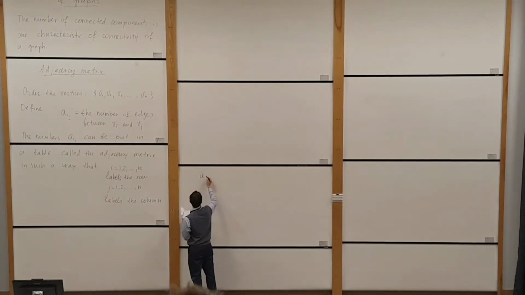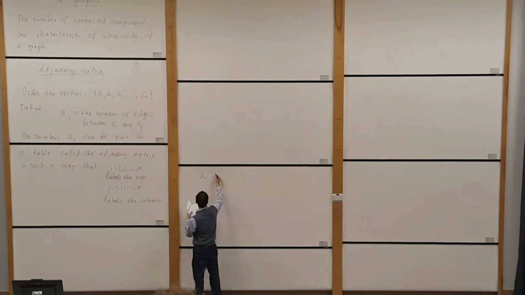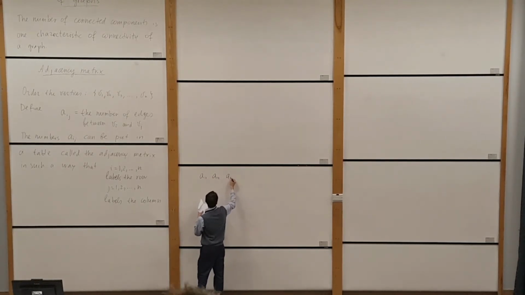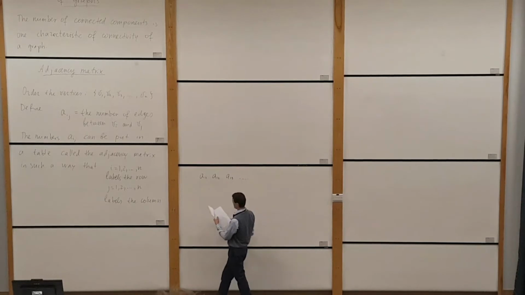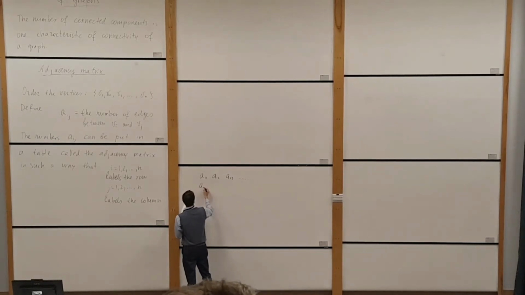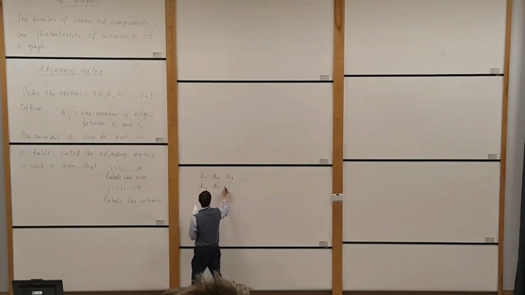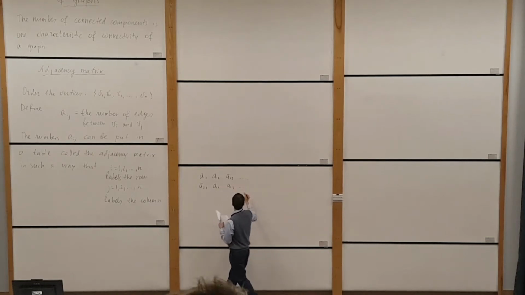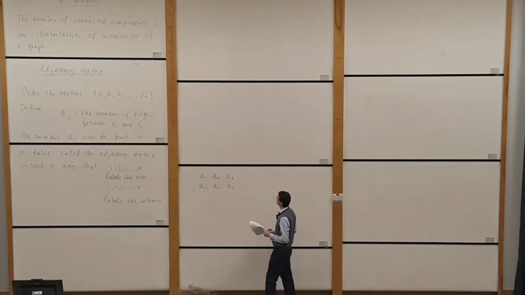We have the numbers a_11, a_12, a_13, and so on in the first row. We have a_21, a_22, a_23, and so on in the second row.